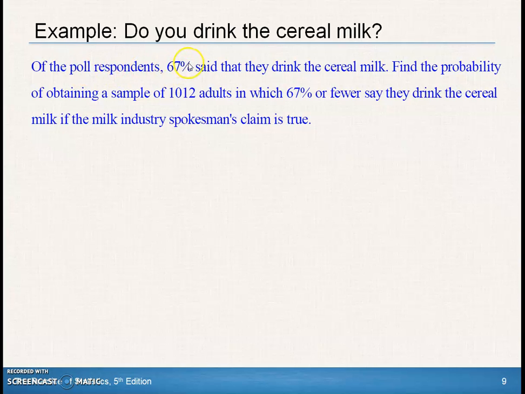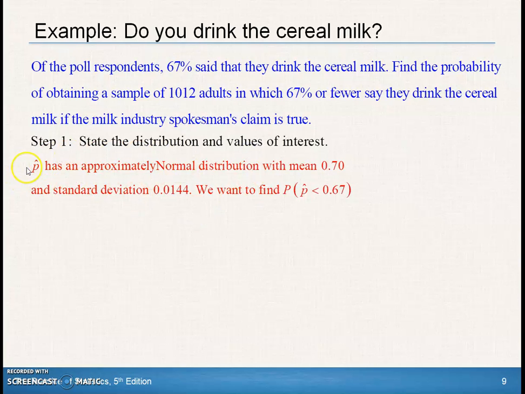Suppose 67% of this poll said they drink the cereal milk. What is the probability of obtaining a sample of 1,012 adults in which 67% or fewer say they drink the cereal milk? So p cap is approximately normal, with mean 0.7 and standard deviation 0.0144.